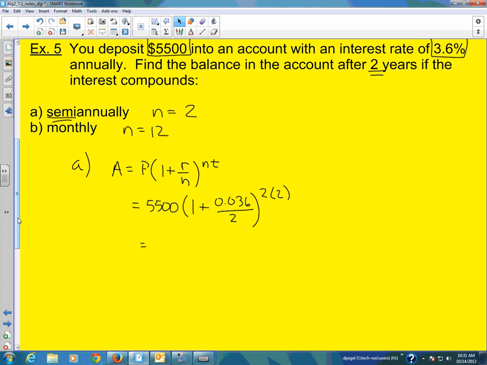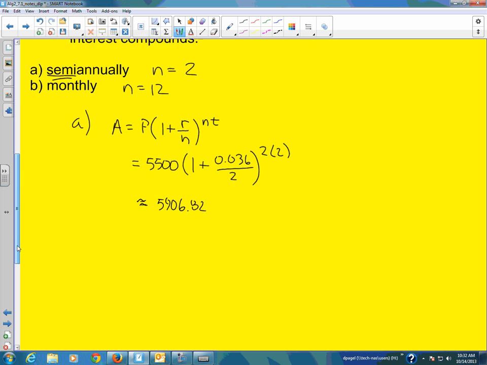Probably the safest thing to do is 0.036 divided by 2, then add that to 1, and now raise that to the power of 4. Then take that answer times 5,500, and you have in your bank account $5,906.82. So we made over $400. And I'm going to put the little estimates here. That's a safe thing to do.